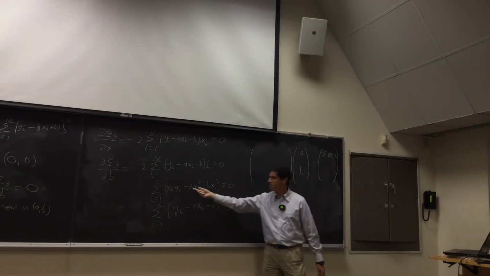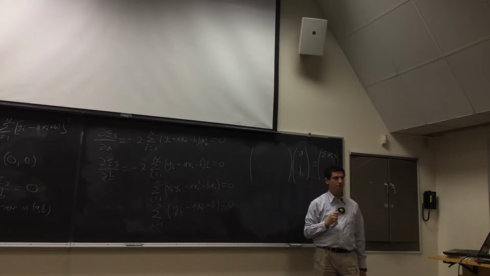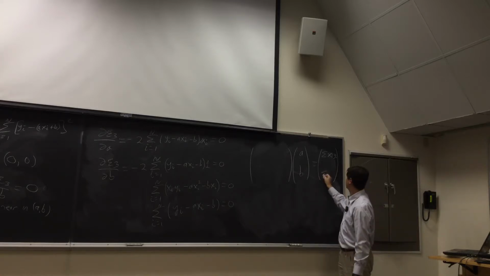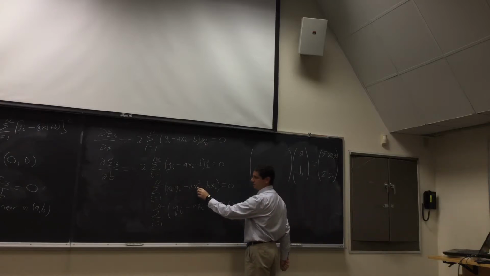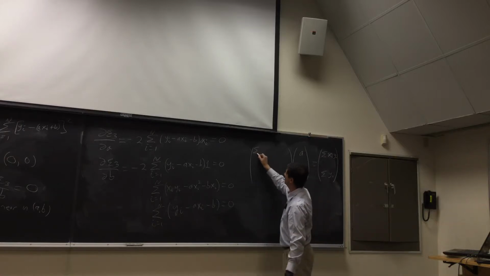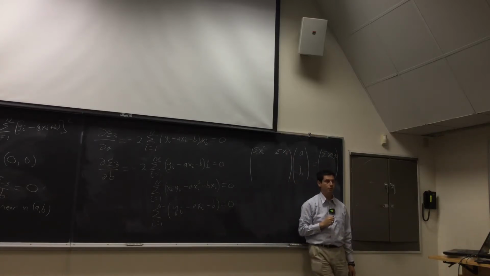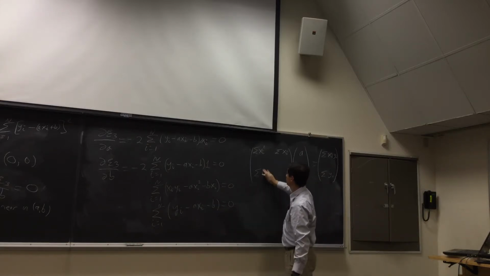It'll just be the sum of yi. Now let's look. I have an a times the sum of xi squared plus a b times the sum of xi. So the first one over here is the sum of xi squared, and this is the sum of xi. All I'm doing is just writing this in matrix form. For this one over here, I'll have the sum of xi, and then I'll have the sum of 1.